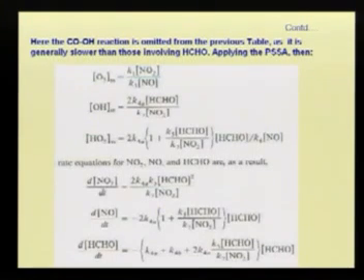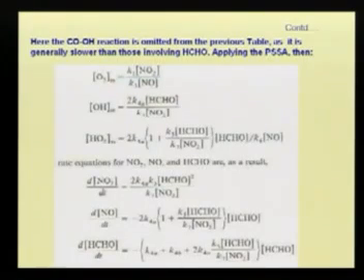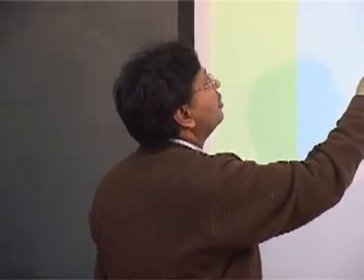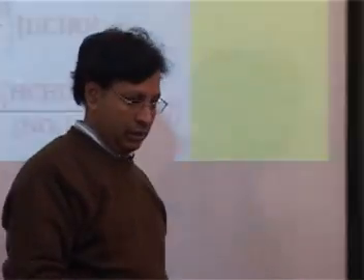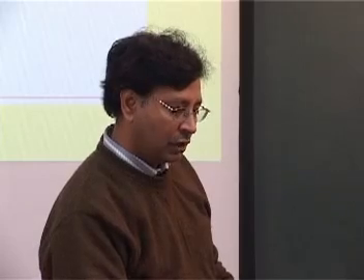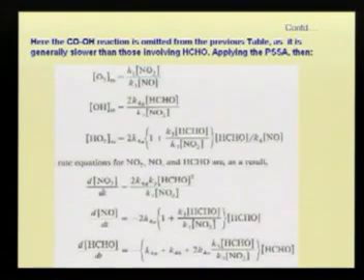Now if I have to write the steady state equation for the CO, OH reaction, also involving SCHO, at steady state, of course, don't forget that, you have to put dC by dt equal to 0, run through some algebra, and you can find out the OH steady state concentration will depend on reaction 4 and reaction 7. You can derive it.